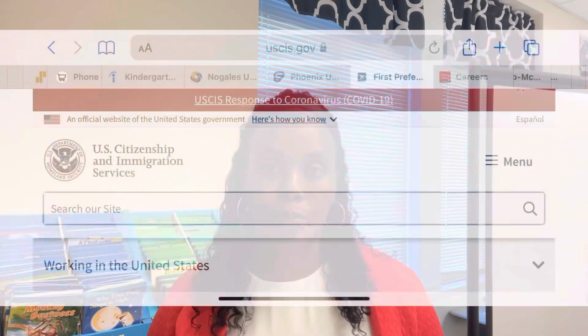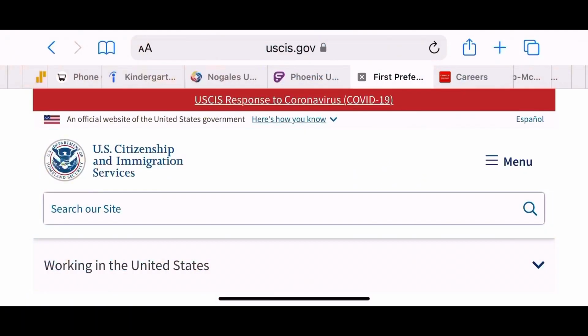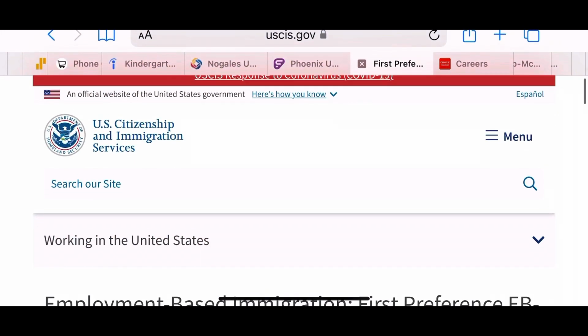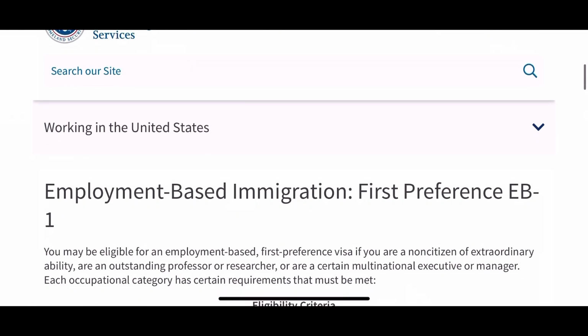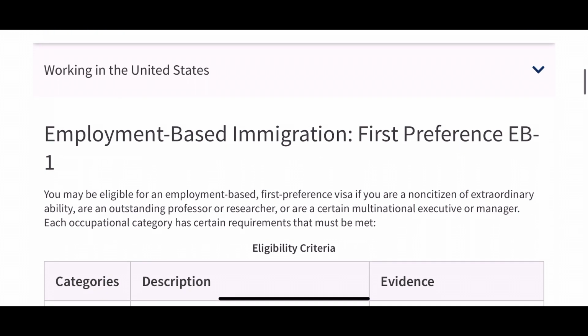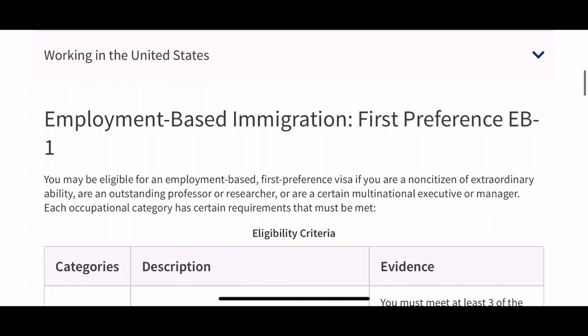So in order to be sponsored for the employment-based 1, which is the first preference, you would need to have these, and I'll show them here. For the employment-based first preference visa, or should we say green card, there are 3 categories.